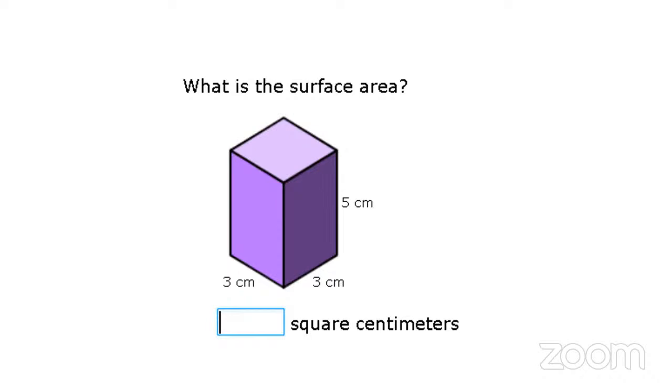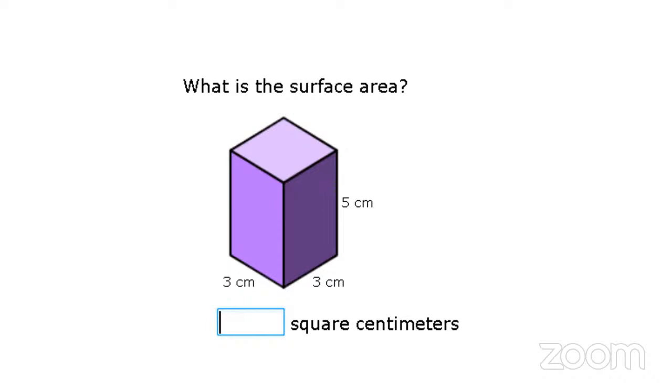Like a Rubik's cube. But a cuboid is like a toothpaste box that you buy the toothpaste in. That will have the shape most times of a cuboid. So you realize that this has rectangular faces as well. So this is a cuboid.